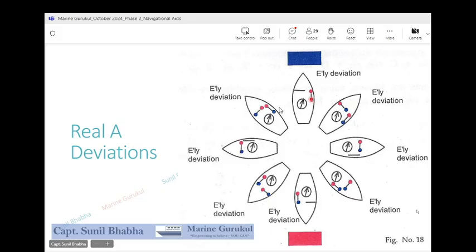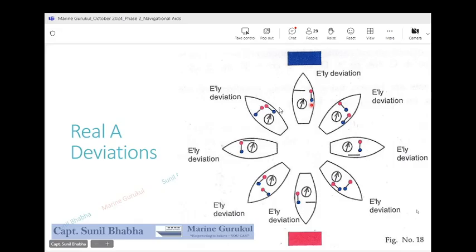Wherever the lines of force enter, that end gets a blue polarity. That's why you see the aft end of the fore and aft longitudinal has a blue magnetic pole.